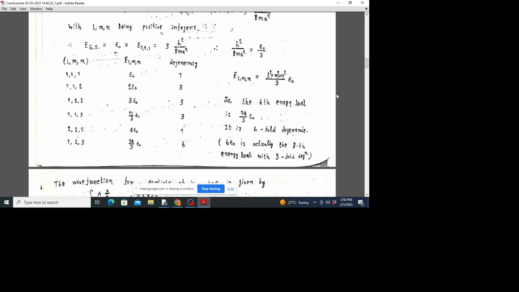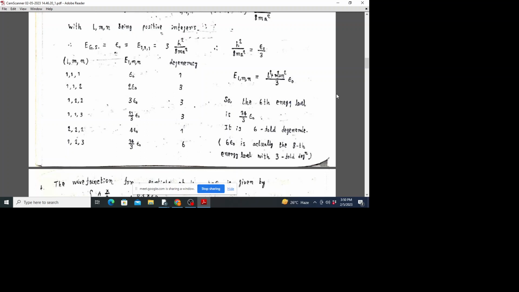In the case of a cubic box, we simply have sine n pi x by a multiplied by sine m pi y by a multiplied by sine l pi z by a.